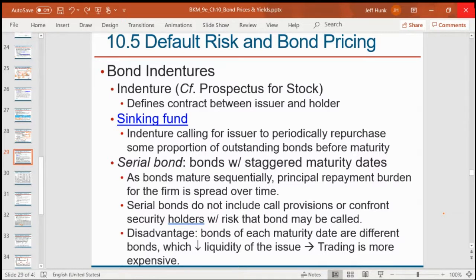Some bonds are retired periodically. What does that mean? It's a 10-year bond, and they sold $10 billion worth of it.